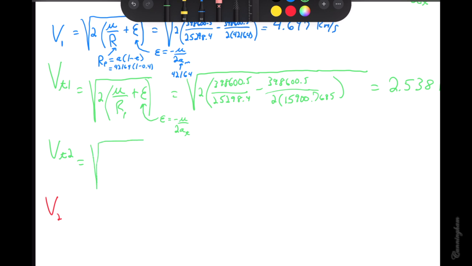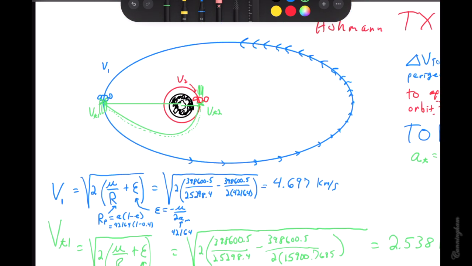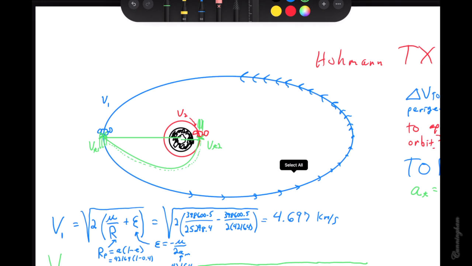Same equation as before: mu over r plus epsilon. But which epsilon and which r, as always. Okay, where are we at in the story? Now we're at the point right before we're going to do our second burn, which is right here. And we're going a totally different speed than we were before. So what is that speed?